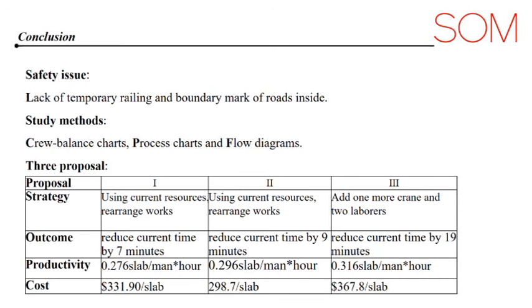After all these studies and analysis about the set condition, those 3 different proposals, and their implementation plans, it might be time to draw a conclusion. The construction site has problems on both safety aspect and productivity aspect.